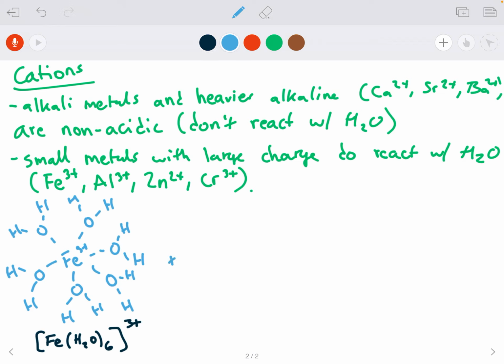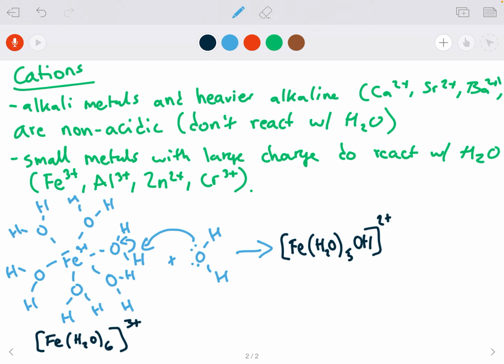Alright, so if I have now a water molecule floating around in solution here, which we do since we're in an aqueous solution, because that oxygen-hydrogen bond has been weakened, I can take away one of those hydrogens. I'm not going to write out the whole structure again, but you can see I'm just taking one hydrogen away. So now it's Fe(H2O)5(OH) 2+, right? Because now an OH is negatively charged.